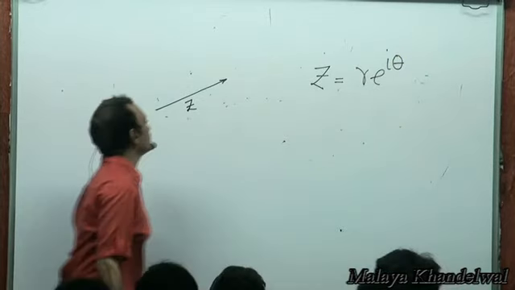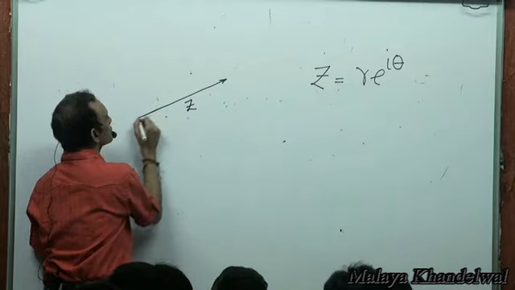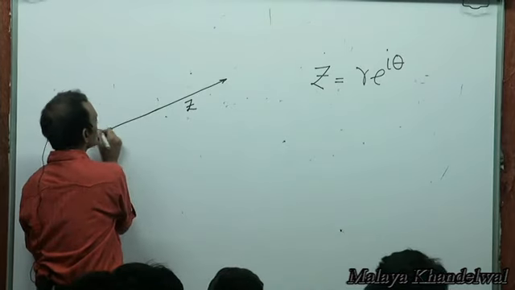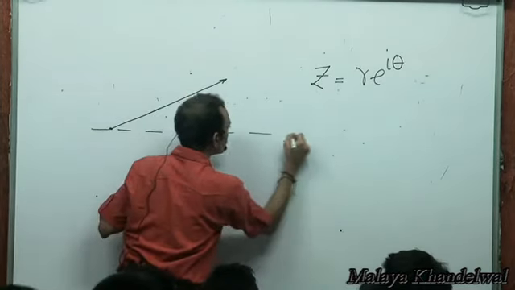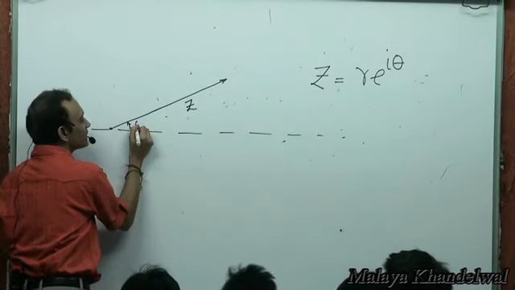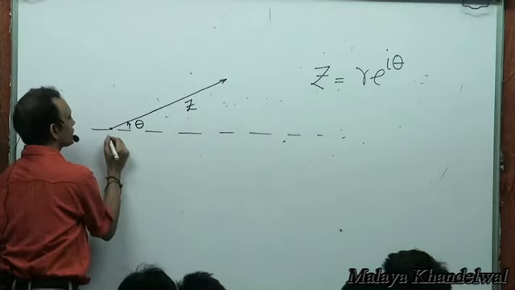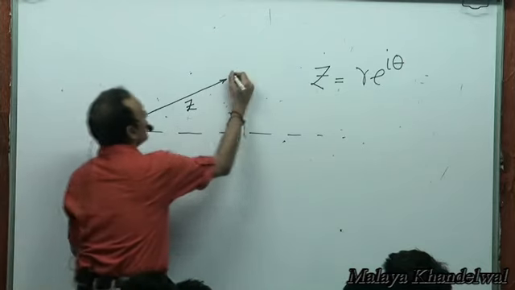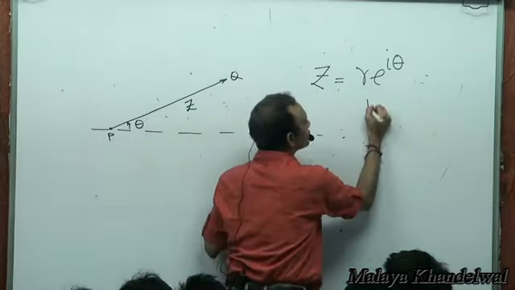That means, if this is a line parallel to the positive direction of the x-axis, and this angle is theta, the length PQ must be r.